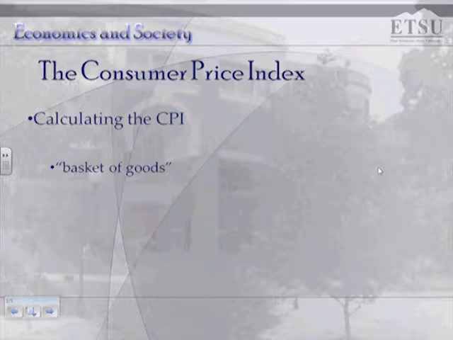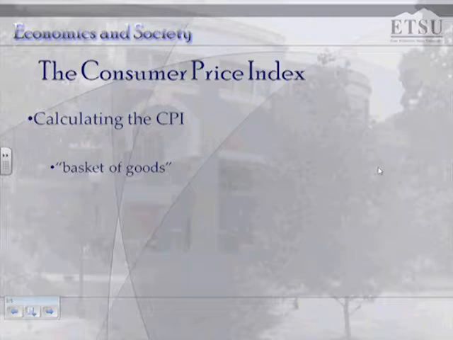And so the U.S. government calculates something called the Consumer Price Index. And the CPI, the Consumer Price Index, is calculated the same way we calculated that change in the price of a Coke. The change in price, that is the new price minus the old price, divided by the original price.